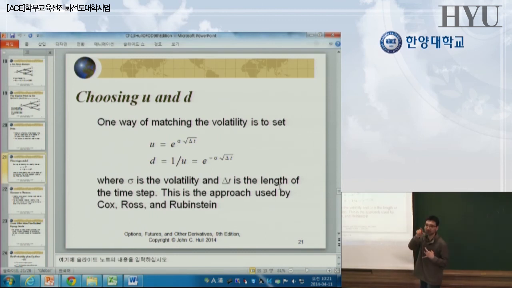It depends, of course, on the risk neutral probability P. So if we have the risk neutral probability, which is e^(rT) minus D over U minus D, and specify U and D this way, then we can match the volatility and we can match the expected return, which should be equal to the risk free rate.